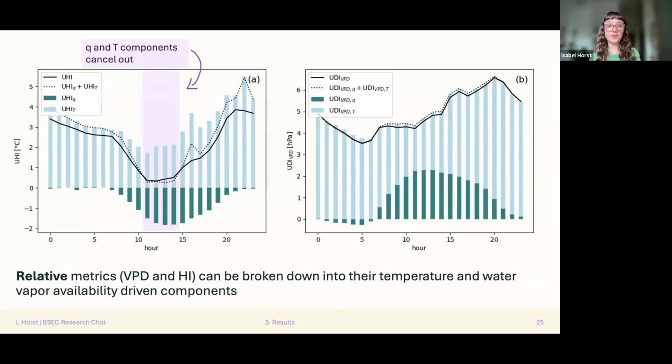Yeah, absolutely. So during the nighttime, because there's not really any urban to rural difference in specific humidity, the UHI basically just looks like the UTI. So temperature and heat index kind of follow each other. Obviously, the heat index might be different based on what the background humidity level is. But this is definitely saying that we still have a clear urban-rural divide in heat index during the nighttime.